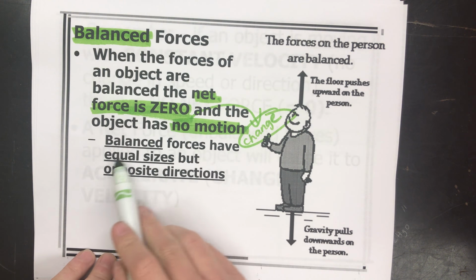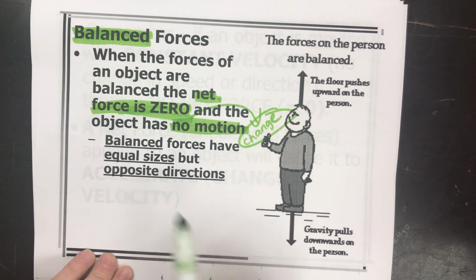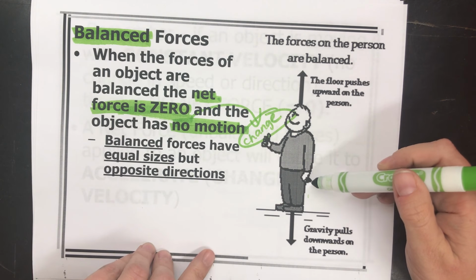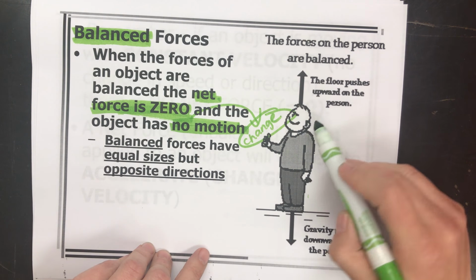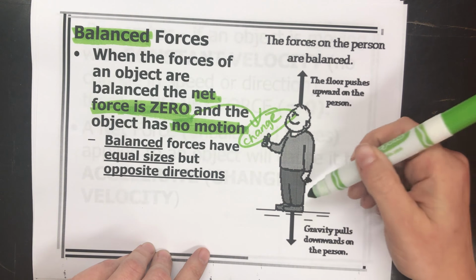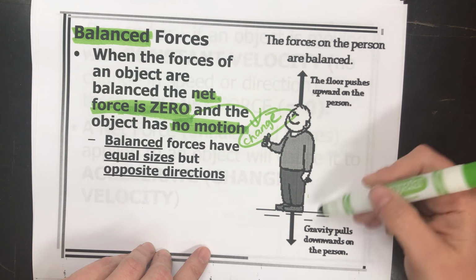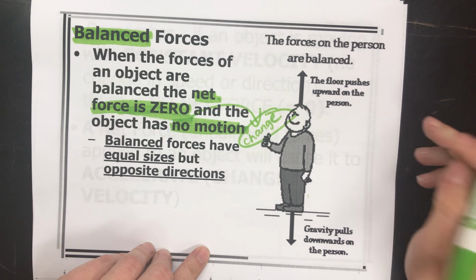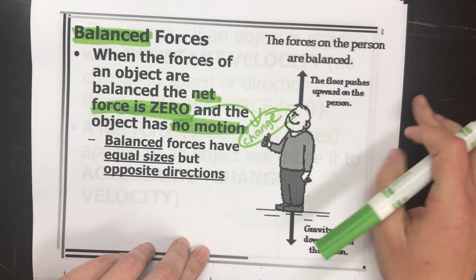So the balanced forces have equal sizes but opposite directions. So for example here, this man standing on the floor, he's got a normal force because of the floor, and he also has gravity. But he's not going up or down because those forces are canceling each other, and his net force is 0.